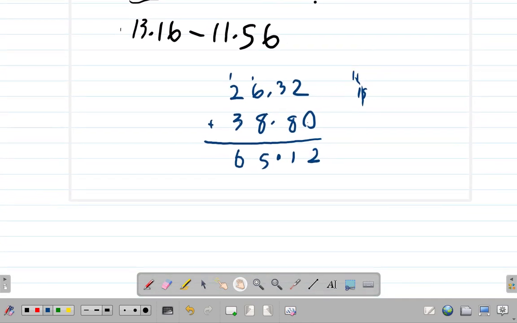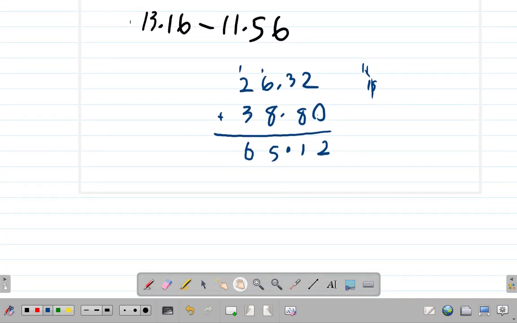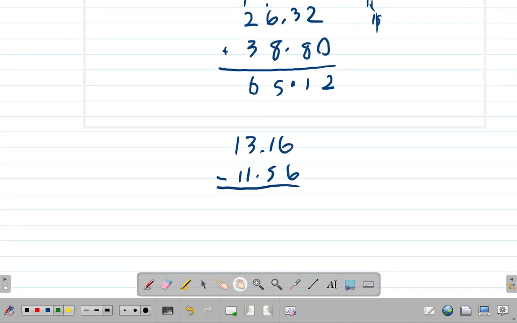For the denominator. So remember they say, without using a calculator. So you have 13.16 minus 11.56. You see how this goes. 6 minus 6 is 0. 1 minus 5 I can't.